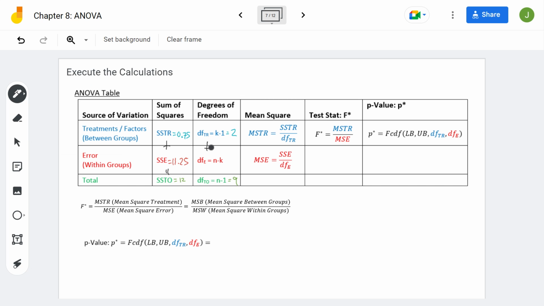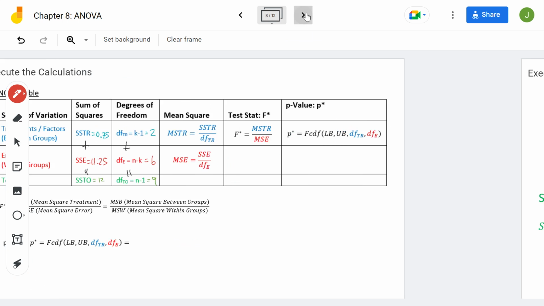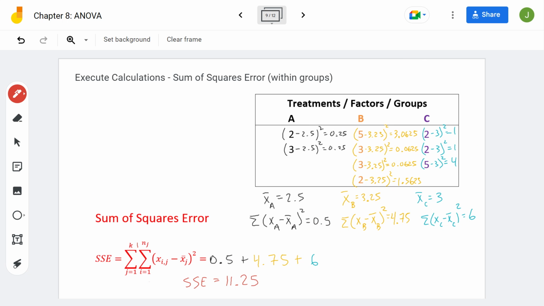The degrees of freedom treatment plus the degrees of freedom error equal the degrees of freedom total. So 2 plus our value of 6 is equal to 9. Now you can see right here our degrees of freedom error are the sample size minus the number of treatments that we have. So if I go back to that slide just to show this, we have K equal to 3 treatments. Our overall sample size, N, is equal to 9 data points.